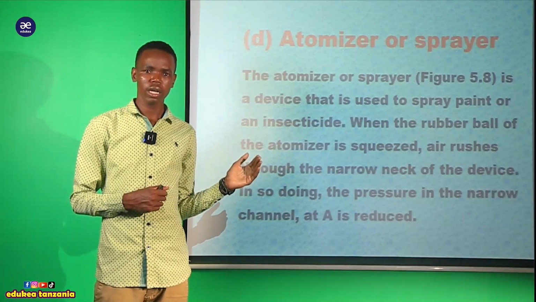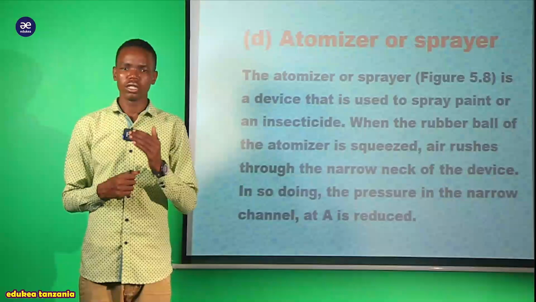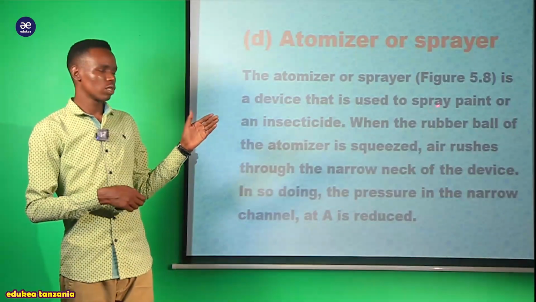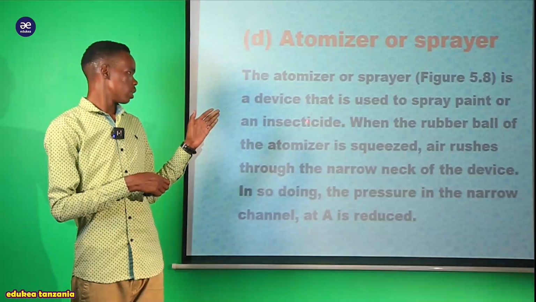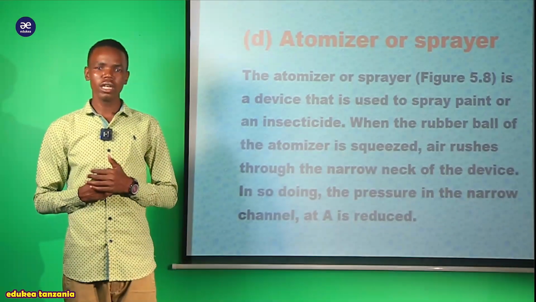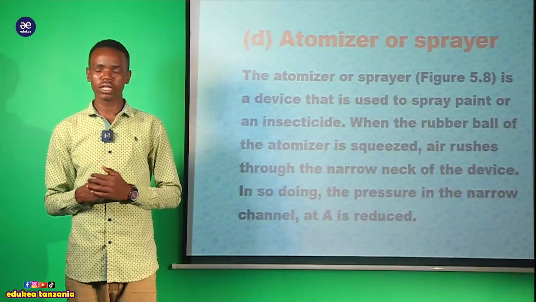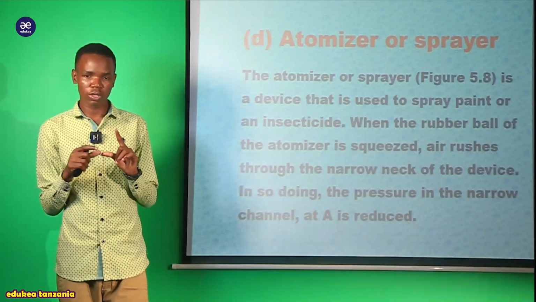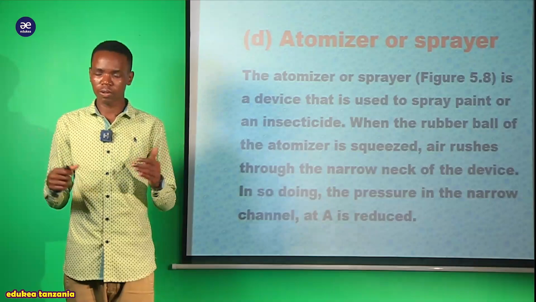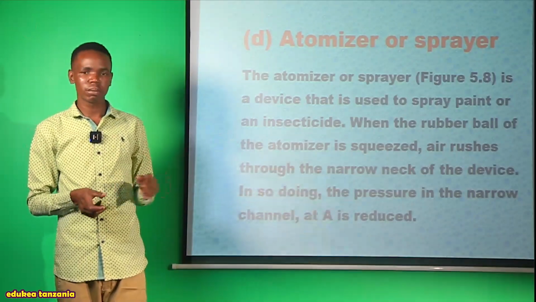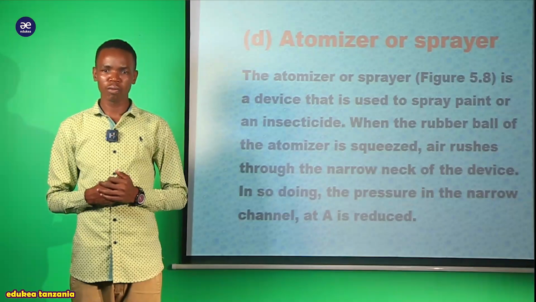So this is an instrument used to spray paint or insecticides. We see more sprayers used on the farm, and used when we build, when we want to paint to produce color on a building. We apply the concept of the spray because we reduce the pressure by squeezing.